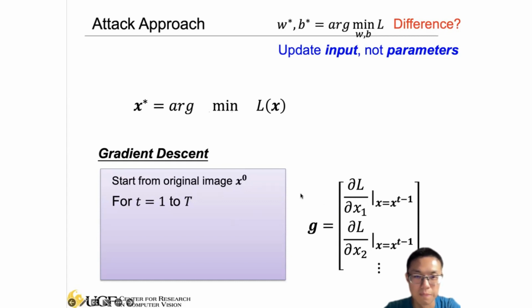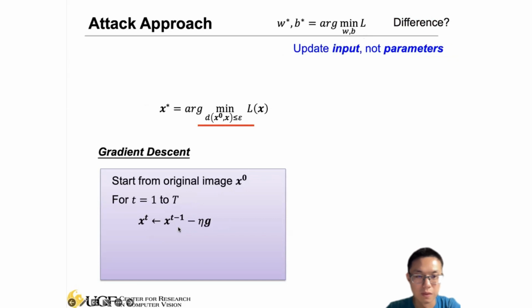Remember, we are not updating the model parameters. We only update the input, the pixel values. This is the usual stochastic gradient descent. So we have the learning rate and the gradient, and we update the original input, and we can do this for a couple of iterations.